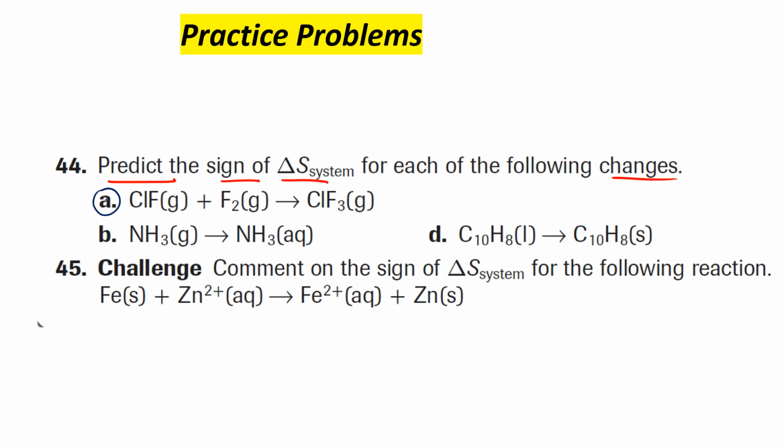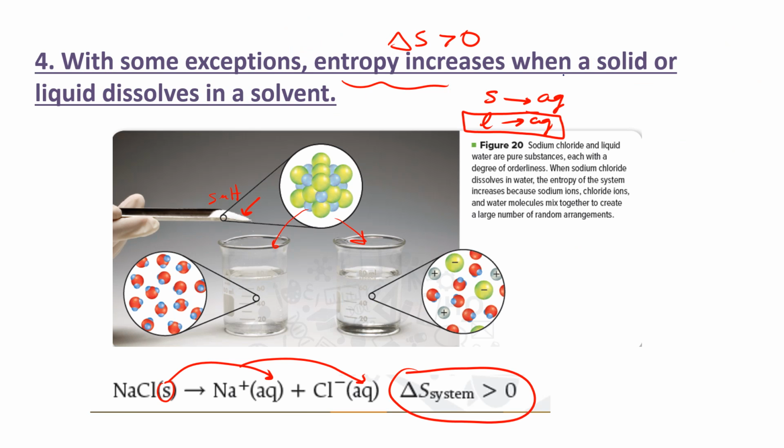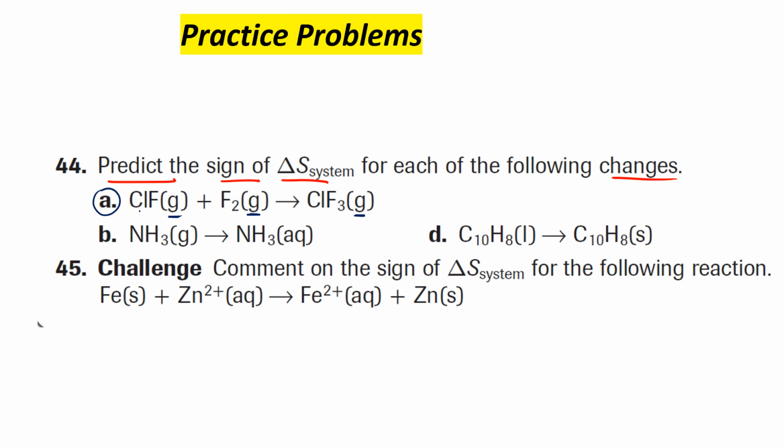Let's start with A. You have a reaction where you have two reactants and one product, and all of them are gases. So when you see this, you think about which rule? About rule 3, which talks about gaseous particles, right? So let's count. Here we have 1 mole, and here 1 mole, and here 1 mole of gas particles, right?